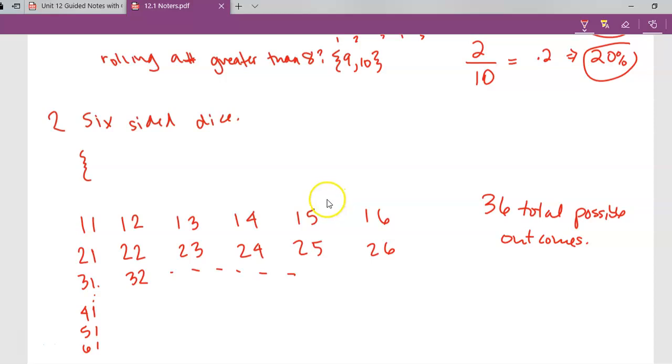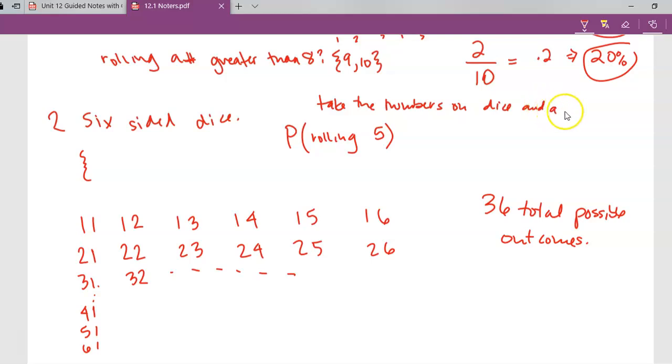So for example, let's say that it was asking me to find the probability of rolling, let's say, a 5. So we take the numbers on the dice and add them together. That's what this is asking.